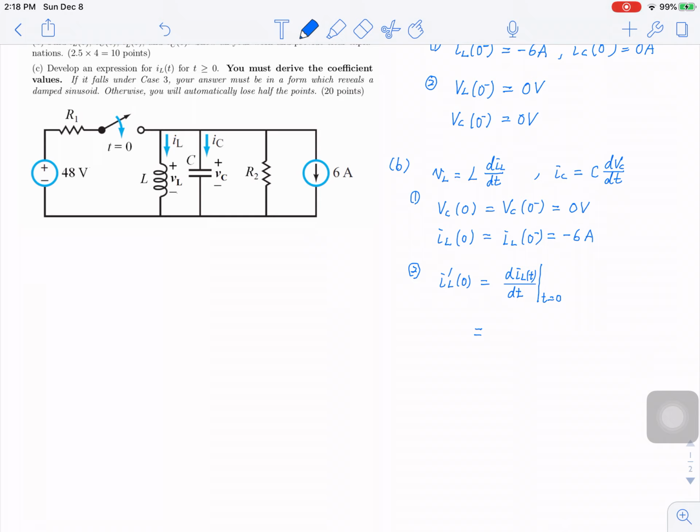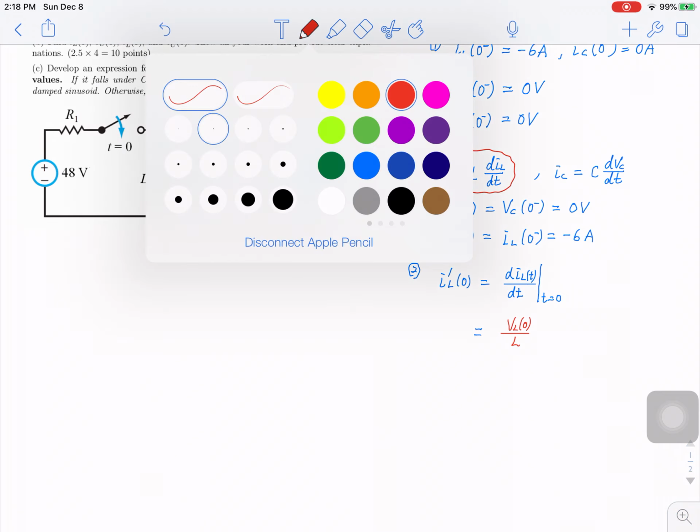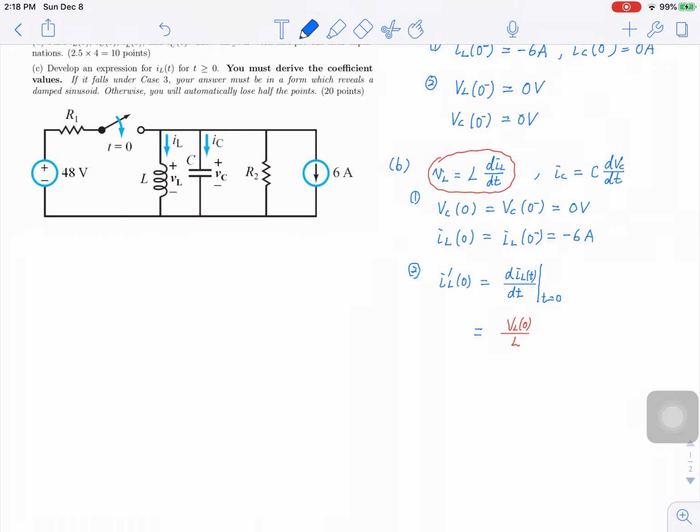Because we know this formulation, this is equal to VL at time equals 0 divided by L. And what is VL?